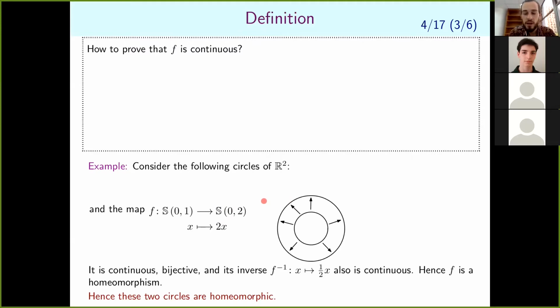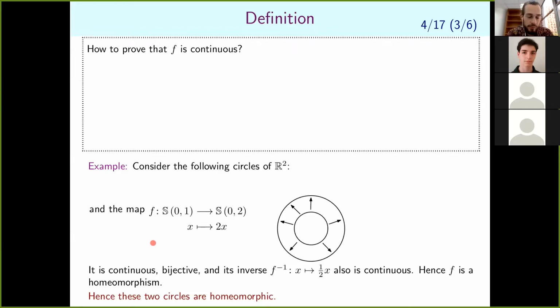And as I said, when we talk about subsets of the Euclidean spaces, the only topologies we'll consider are the subspace topologies. So when I say that this map is continuous, I mean that seen as a map between the subsets of R2 endowed with the subspace topology, this map is continuous.